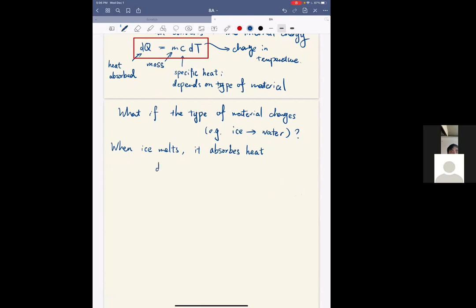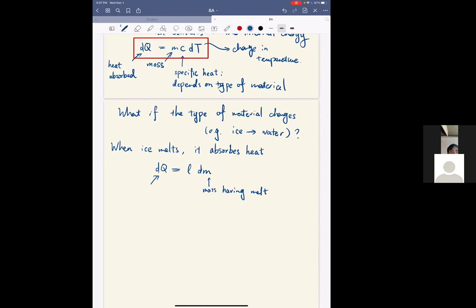So when the ice melts, it absorbs some heat, and the heat is given by dQ = L dm, where dm is the mass having melted. Intuitively, the more heat the ice absorbs, the more water it will convert to.